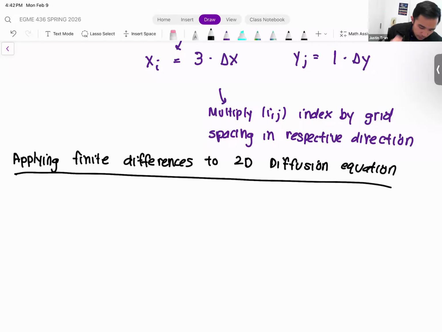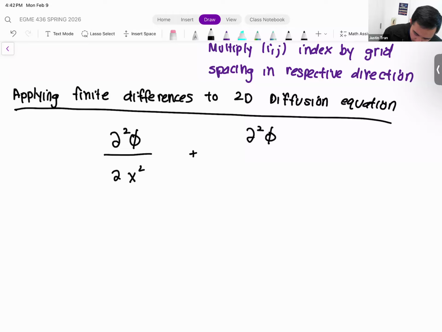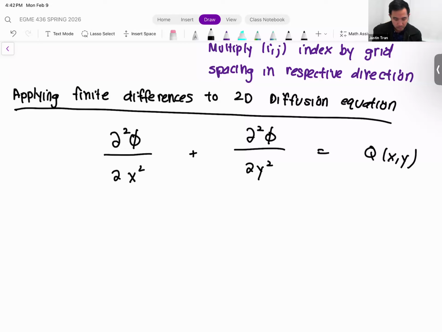So let's take our 2D diffusion equation and apply finite differences to each term. Let me write out our 2D diffusion equation one more time. We have a second order partial derivative in x plus a second order partial derivative in y of the same variable, equal to the source term q of x, y.